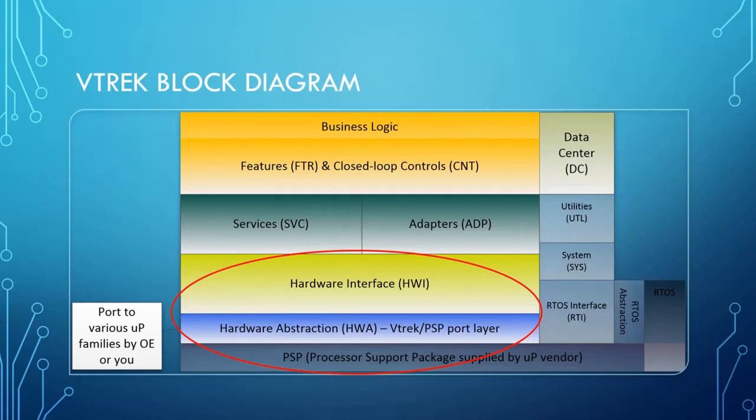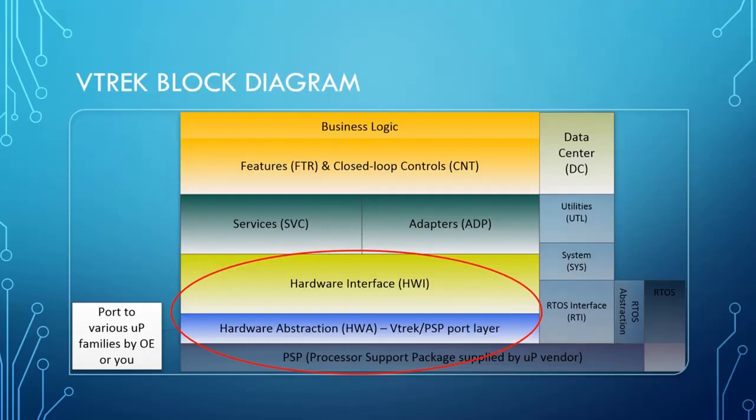Omni Embedded creates ports for various microcontroller families that we're supporting. And you can also create your own. The design pattern is there, and so if you want to jump onto a microcontroller that we're not supporting yet, it really doesn't take that much effort to create the HWA for that particular micro.